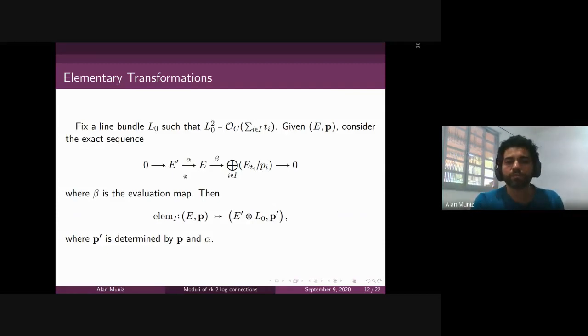And when the point is in I, we can define in another way what these directions will be.